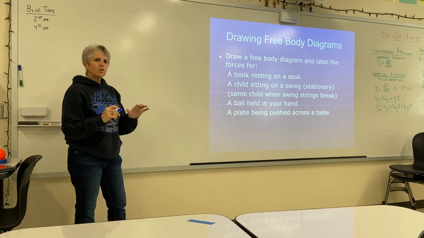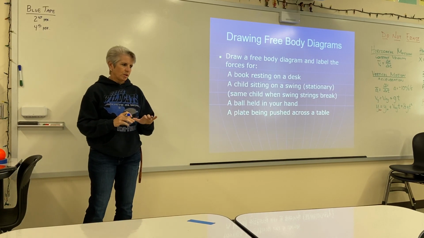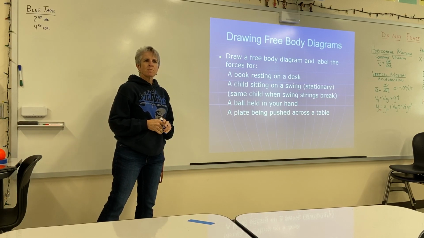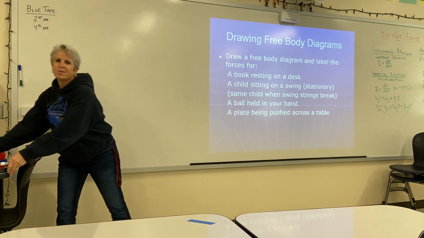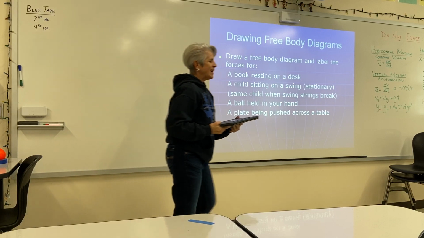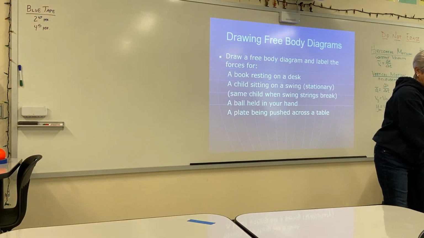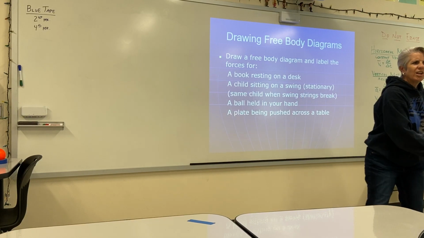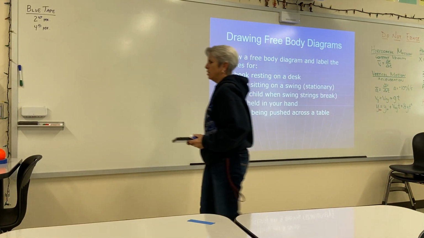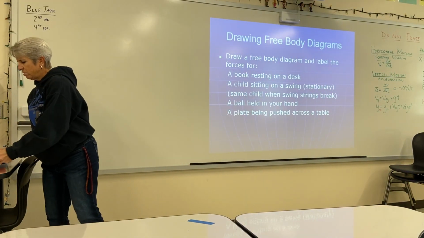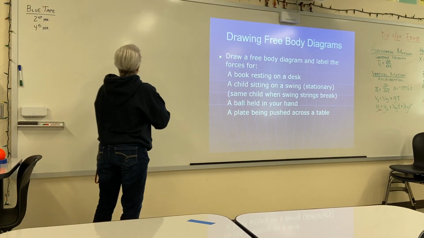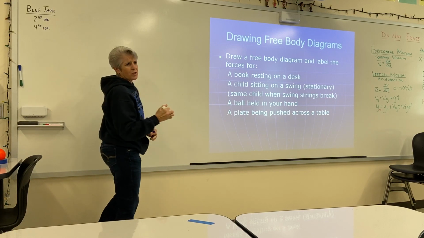So let's assume that we have an object that we're pushing across a table at constant speed. But if you've ever pushed something across a table, you might hear it slide. That doesn't slide very well, but you can hear it move across the table. That sound that you're hearing, that's friction. So we have some more forces.